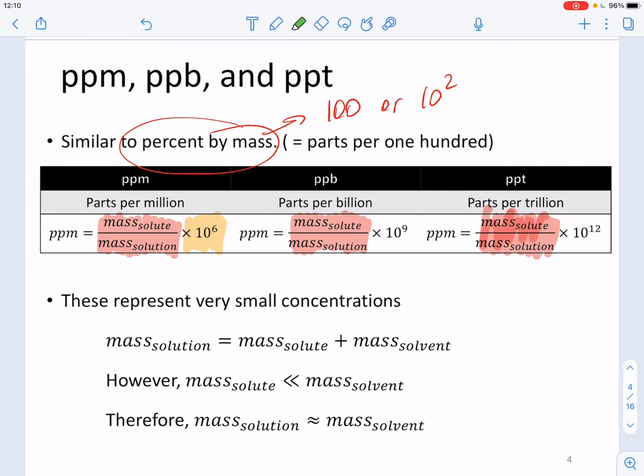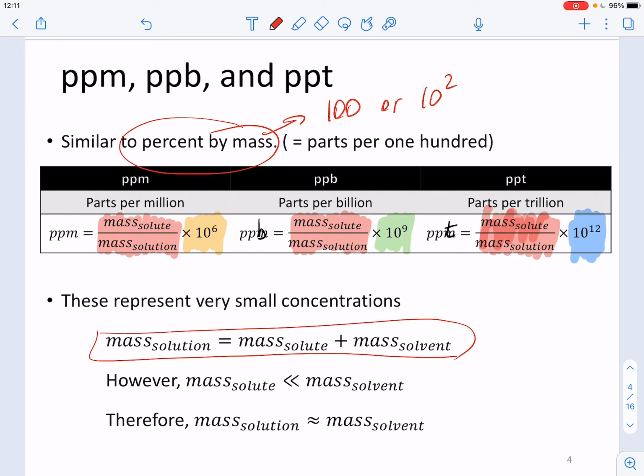For parts per billion, you use 10 to the power of 9, or 1 billion. And for parts per trillion, 10 to the power of 12, or 1 trillion. I made a mistake in spelling here: this is ppb and this is ppt. Sorry about that.